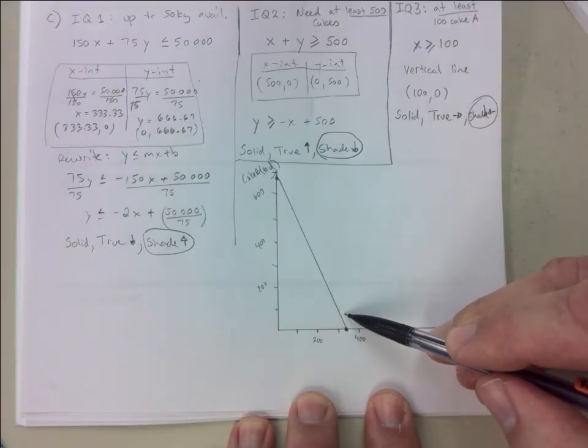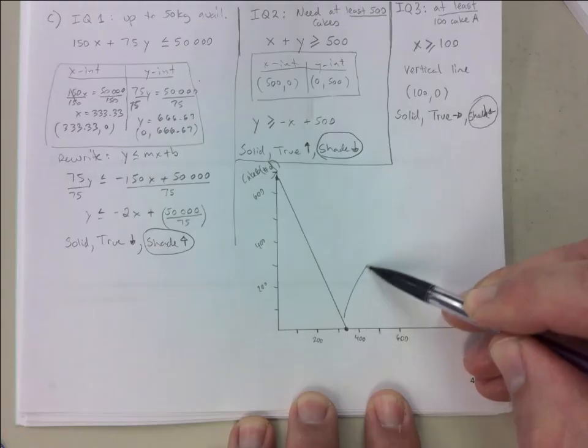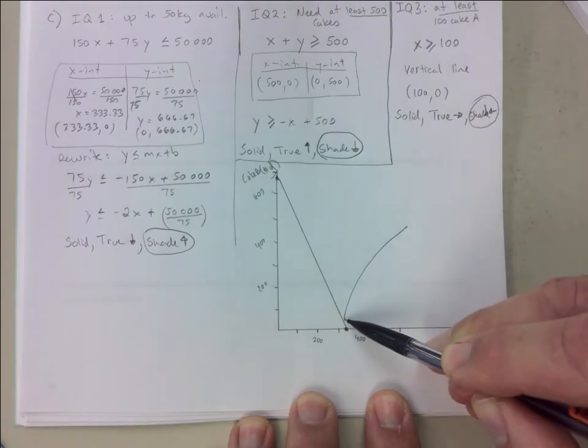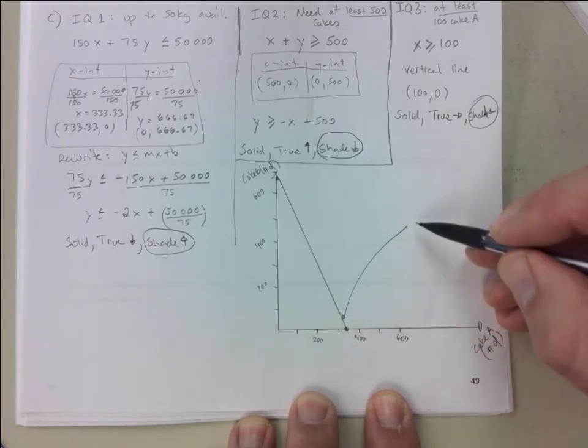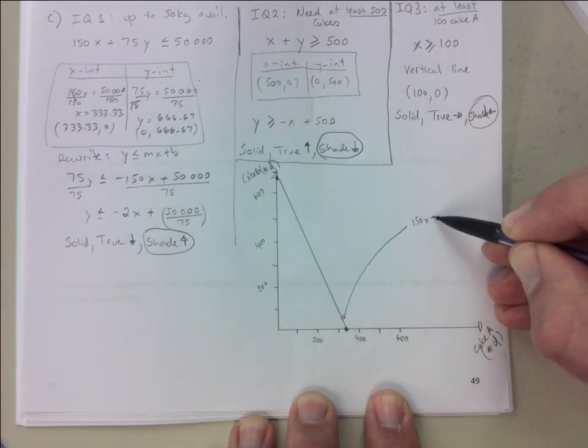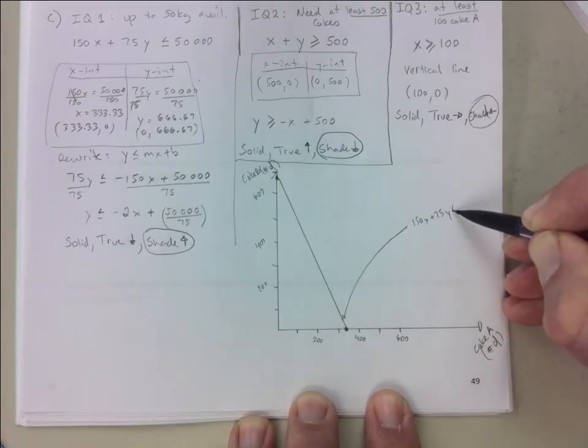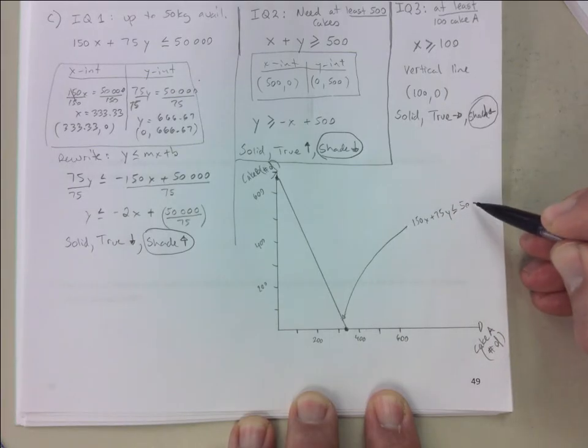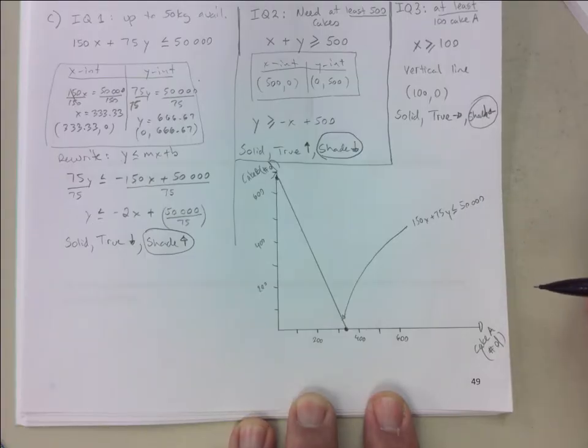And I'm going to label it. Sometimes I just make an arrow going to this line, and I label it out here. 150x plus 75y is less than or equal to 50,000.